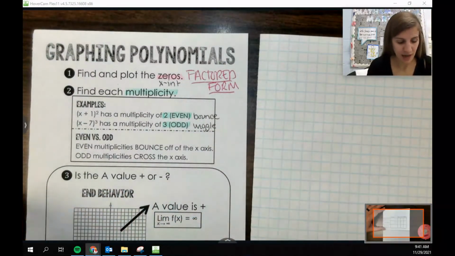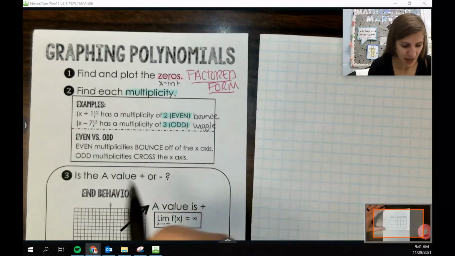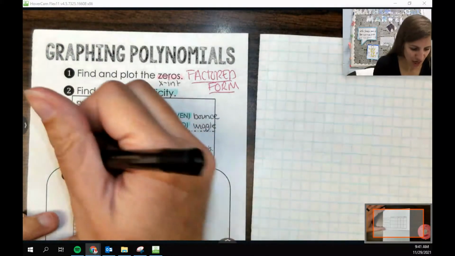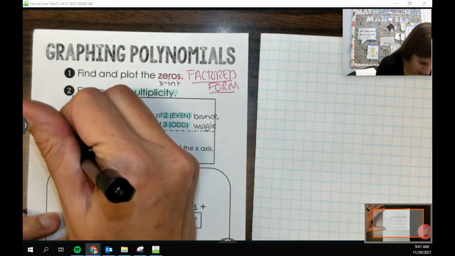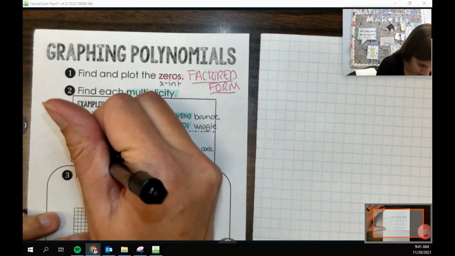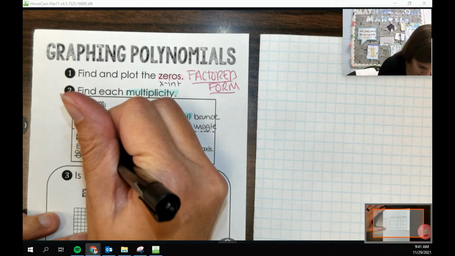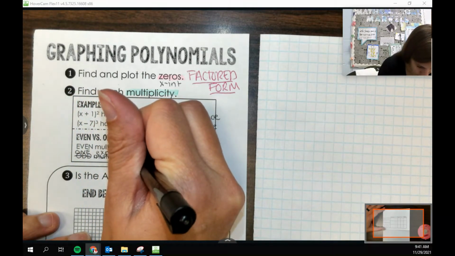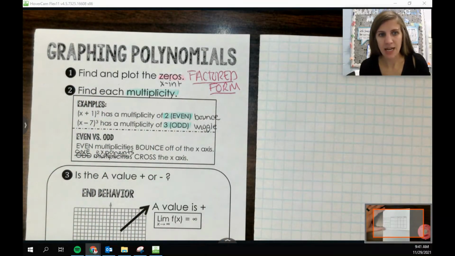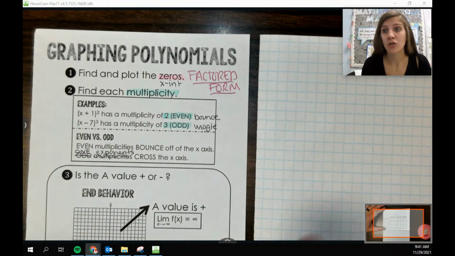There's a little bit of a goof up here. Even multiplicities bounce. Odd multiplicities cross. JK, 1. No multiplicity. 1 exponent. Cross through the x-axis. So anything else that's odd will wiggle, but a 1 crosses straight through.